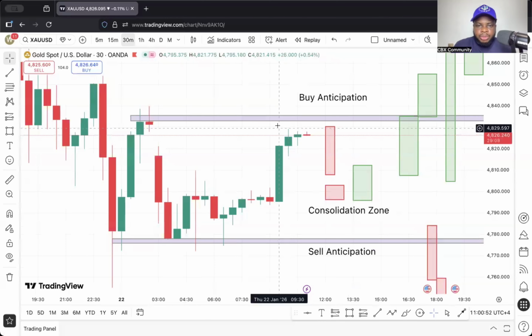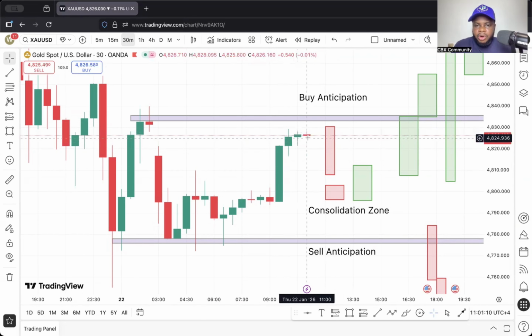Then the moment the candle breaks our resistance zone, I'm going to tell us if it is the right time for us to take a position. But as of now, we don't need to do anything. Let's wait and see how this candle will print. If this candle will continue to break the high of this bullish candle and this bullish candle, or if the candle will continue to come down to break the low of this bullish candle, by which the candle can decide to close with a bearish candle.